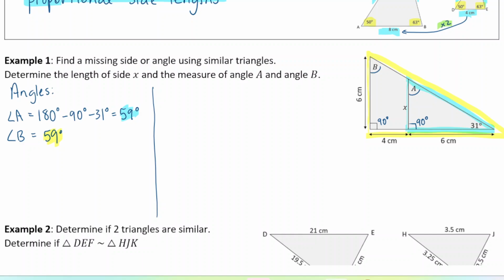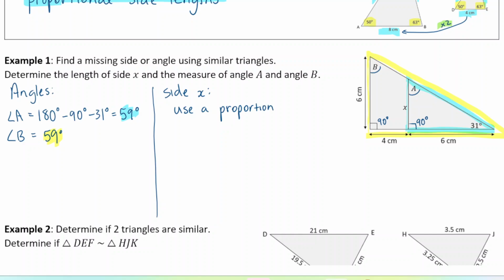Okay, now to find the side lengths, a little bit more tricky. We need to set up a proportion. So what we know is that, so I'm going to say side x. Use a proportion.